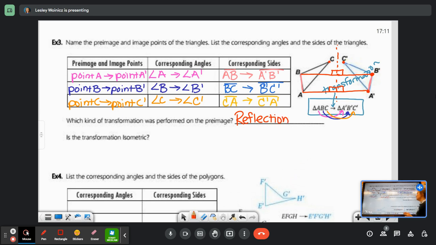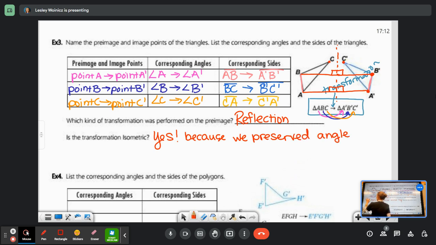Is the transformation isometric? Yes, we know that reflections are isometric because we preserve the angle measures and segment length.